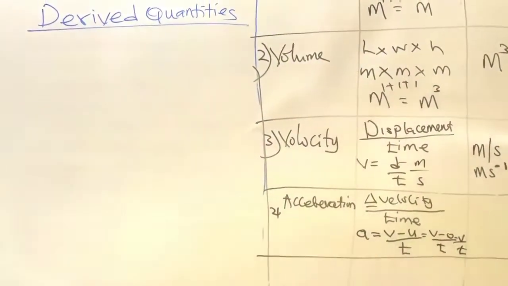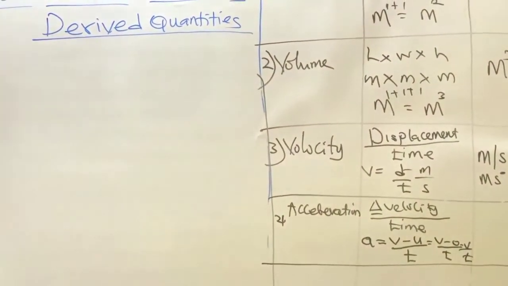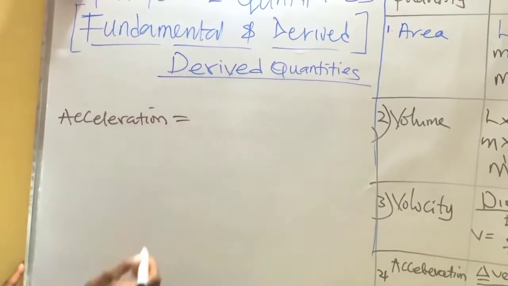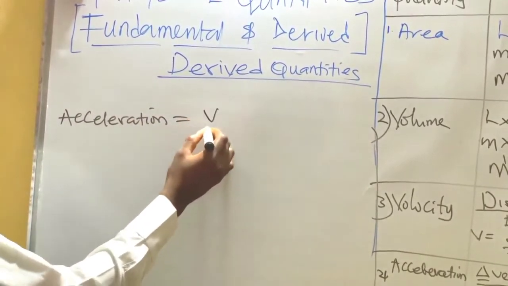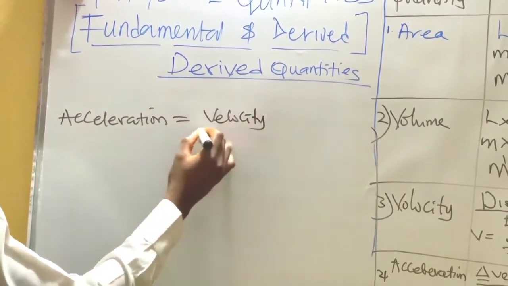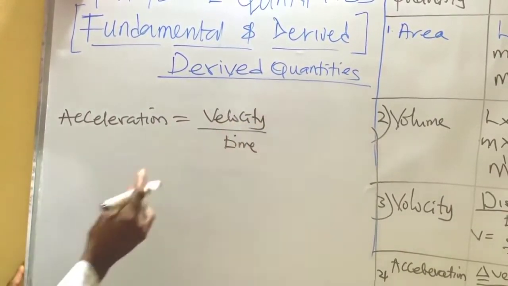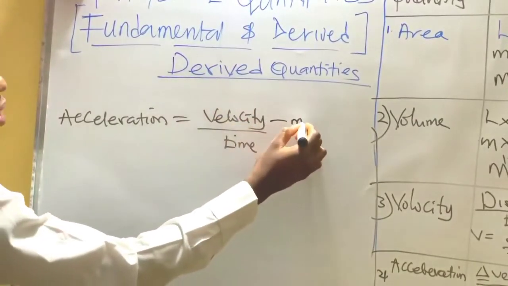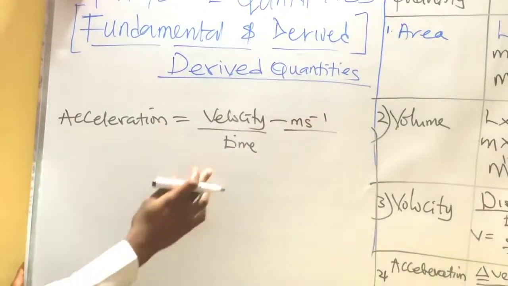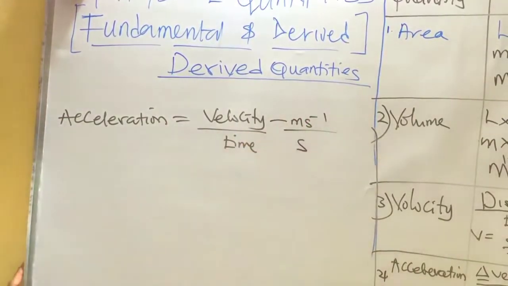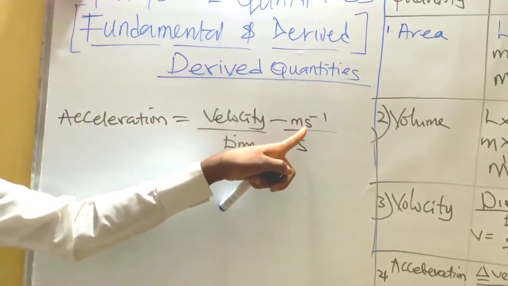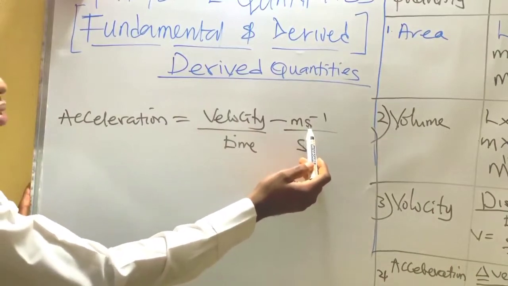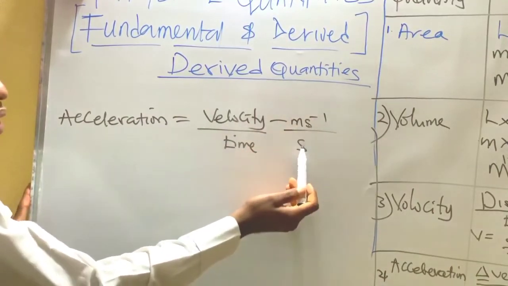So if, look up here, acceleration is equal to velocity over time. Now what is the unit? Velocity is measured in meter per second, while time is measured in seconds. So when you have this, these seconds up here, there's another seconds down here.